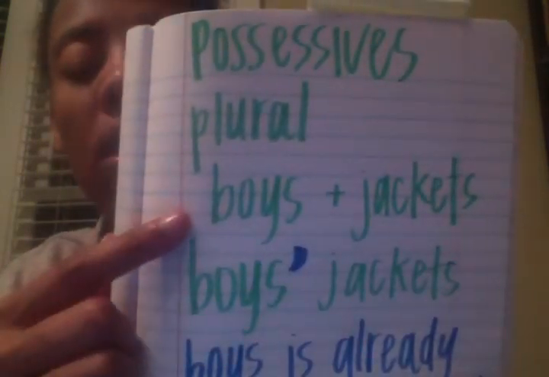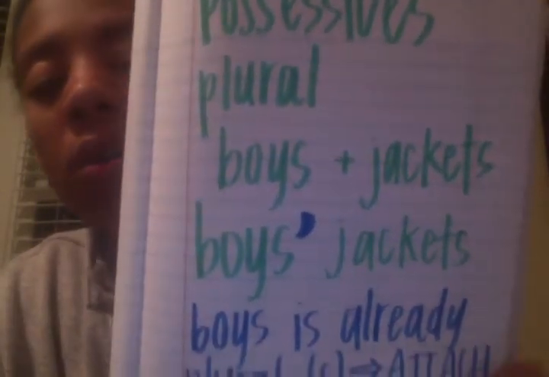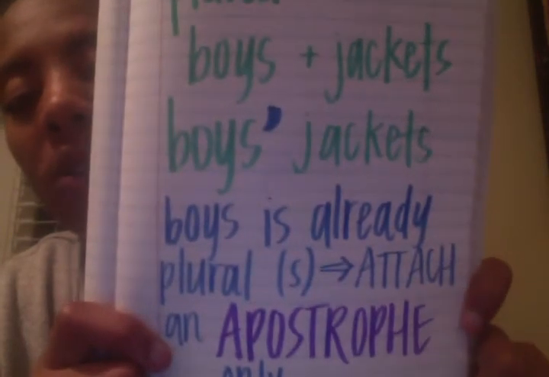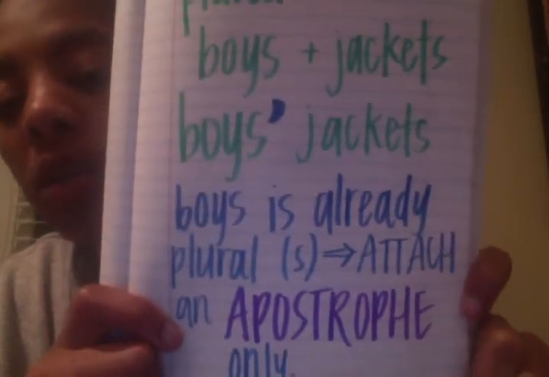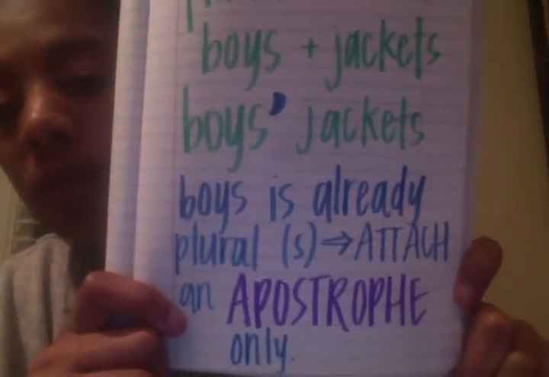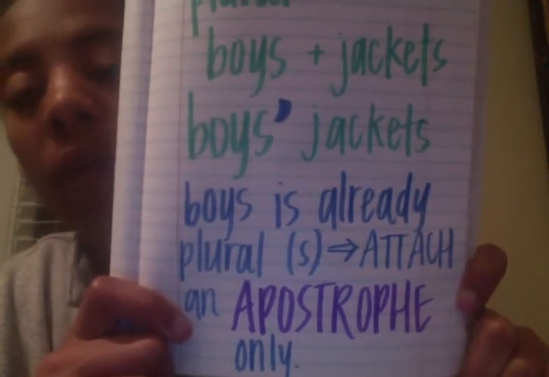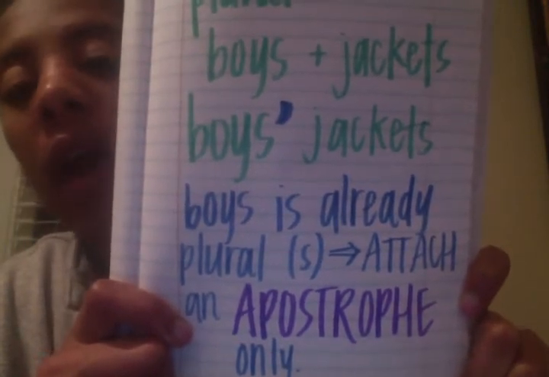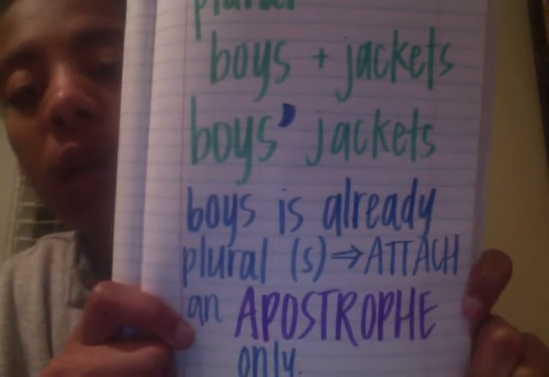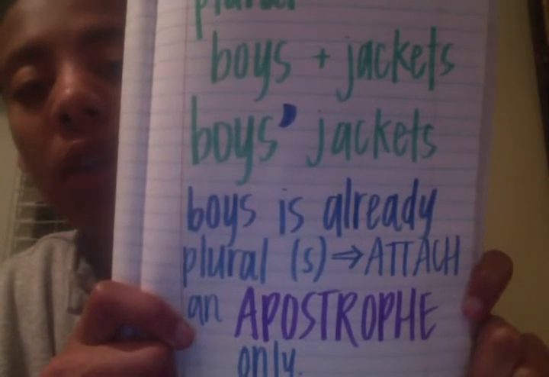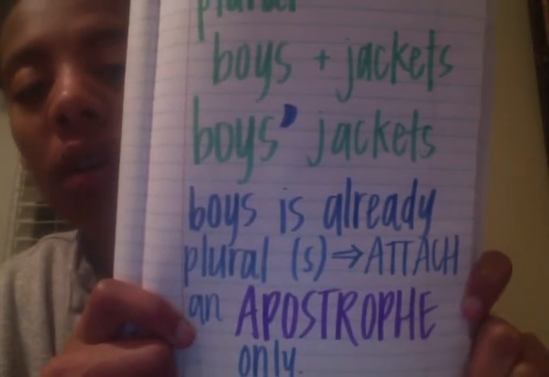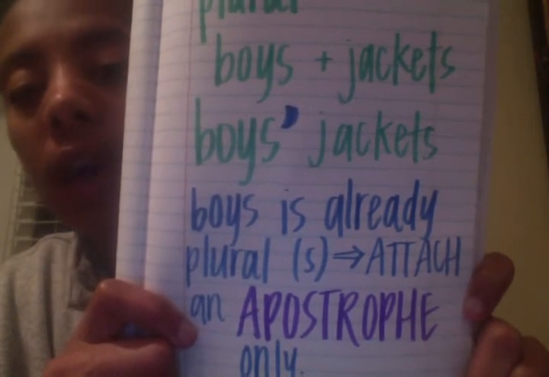When you already have an S and your noun is already plural, all you have to do is attach the apostrophe to the end of the noun. Boys' jackets.